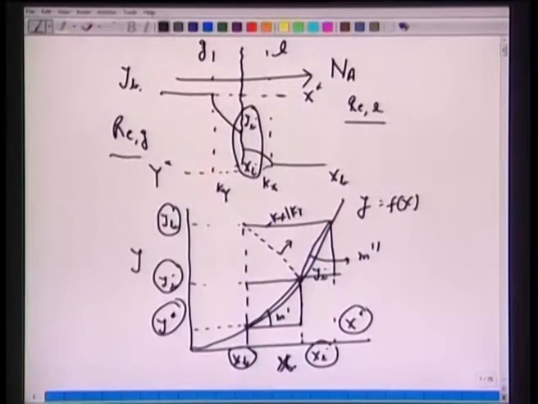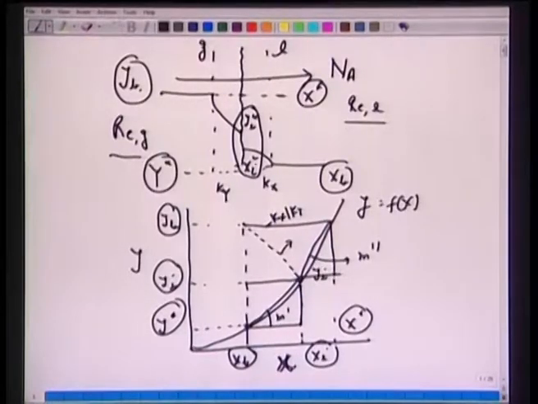Going back to the previous YB, YI, XI, we have XB, and equivalent to this YB we have X star in equilibrium with YB, and equivalent to this XB, in equilibrium with XB, we have Y star. So with these points marked, we now focus on YB minus Y star, which we can write as YB minus YI plus YI minus Y star.